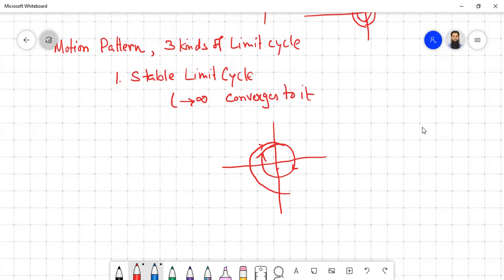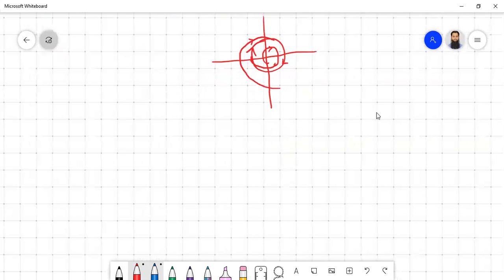Wherever you start, you will always end up on the limit cycle. So outside it is converging and inside it is diverging, so that you end up on the limit cycle. This is stable nature. From both sides it is coming towards the limit cycle. The second one is the unstable limit cycle.